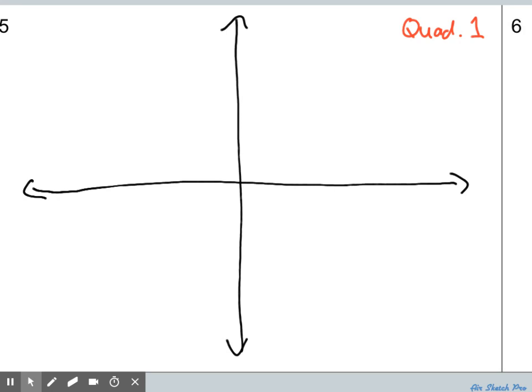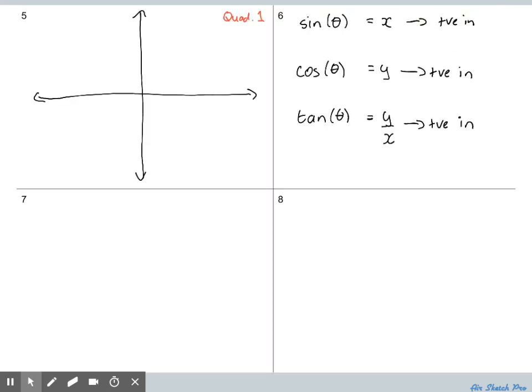I might even zoom that out so you can see both at the same time. All coordinates in this first quadrant are positive. So x is positive and y is positive. Is that okay? Just based on basic coordinate understanding there.